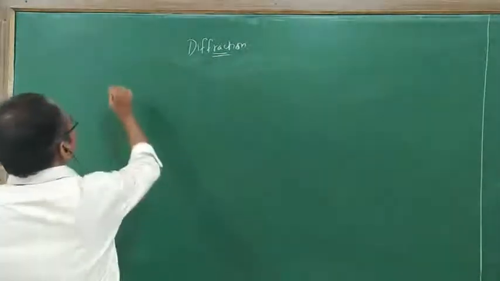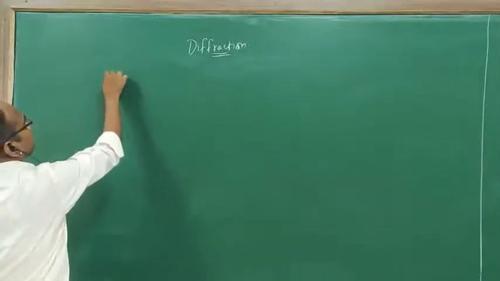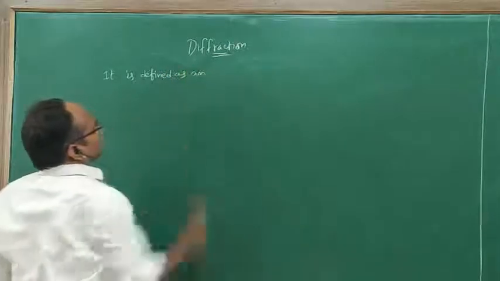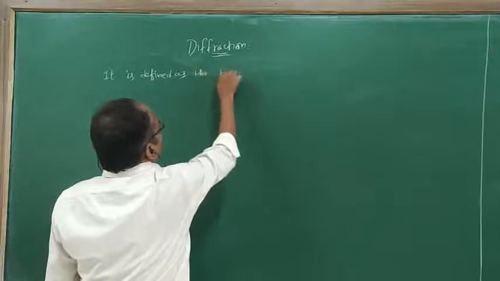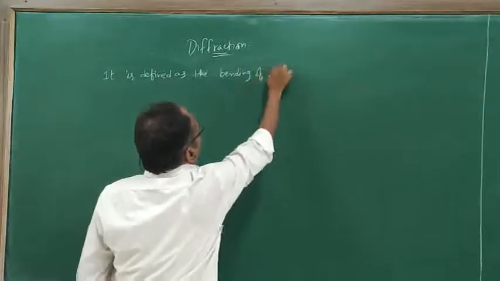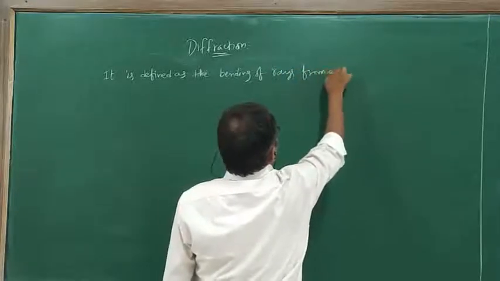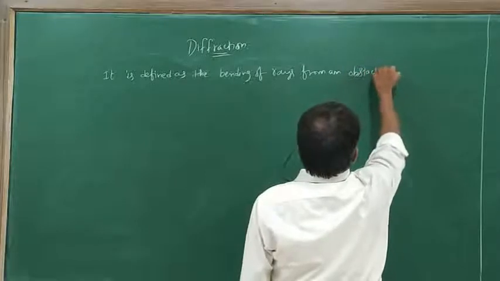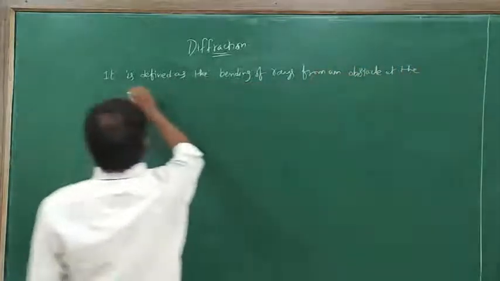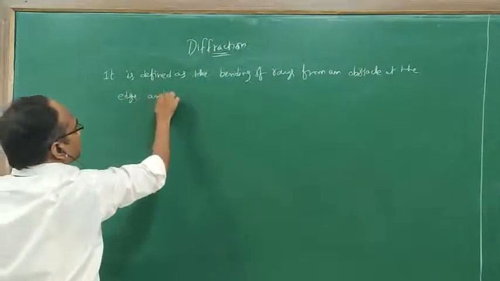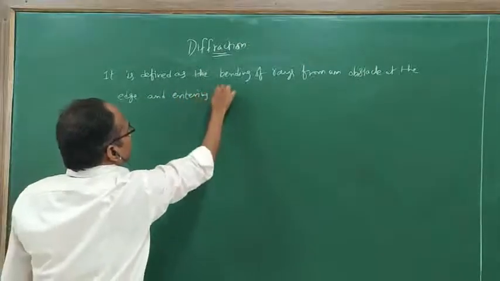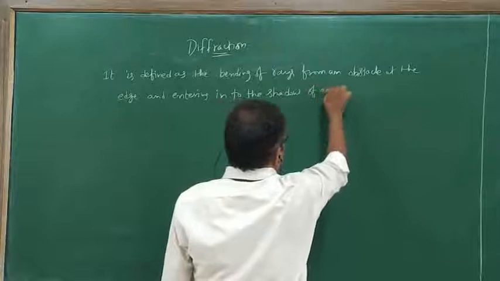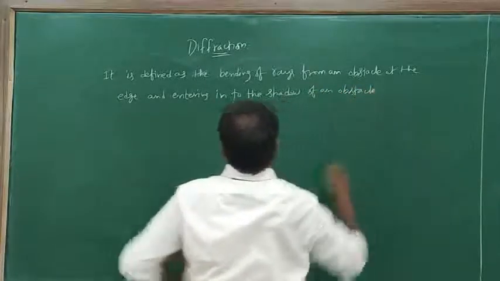Okay. So here the definition is defined as the bending of rays from an obstacle at the edge and entering into the shadow of an obstacle is called as diffraction.